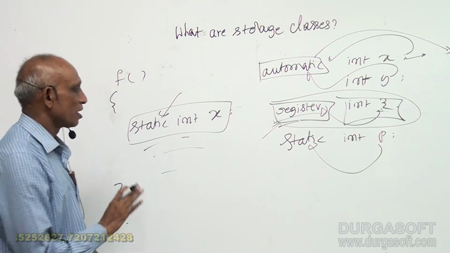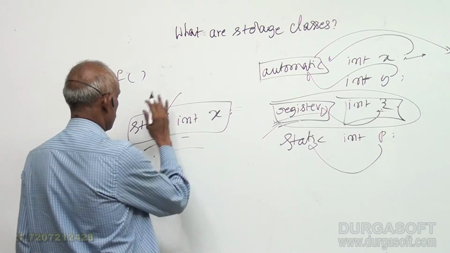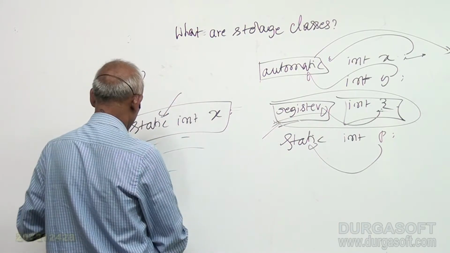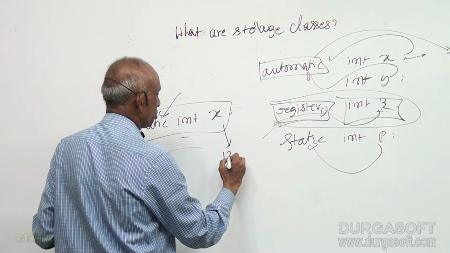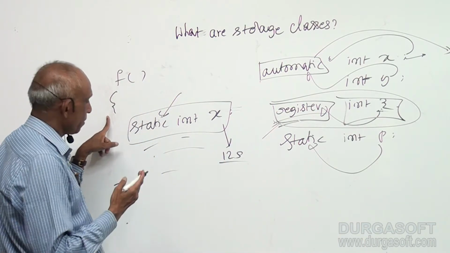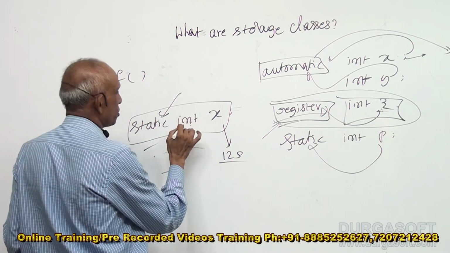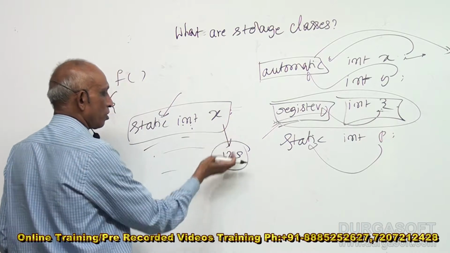A static variable is not destroyed; its value is maintained. Suppose when the function exits, the value is 125. Then when the function is called a second time, this variable is not created again, it already exists with the value 125, and it can go ahead with that value.